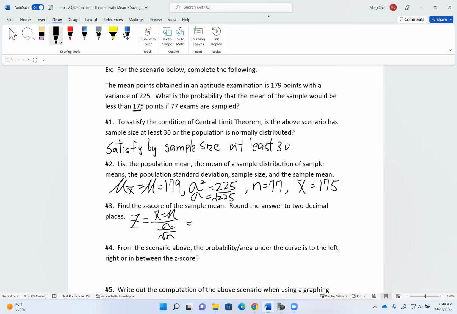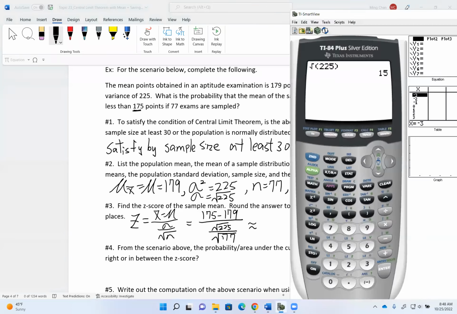That will be 175 minus 179 divided by sigma, which is the square root of 225. I know it's 15, but I'm gonna show you how to type this. 225 divided by square root of 77. All right, square root of 77 is gonna be something crazy. So we want to type all this together.